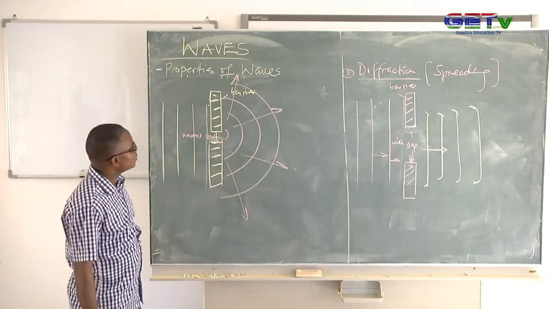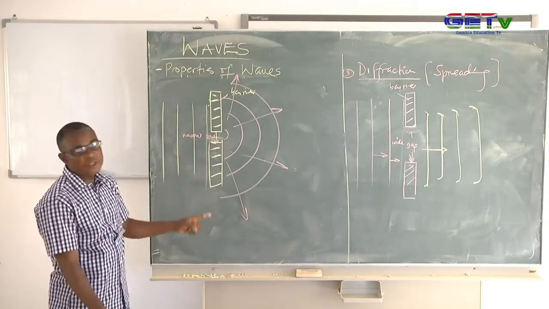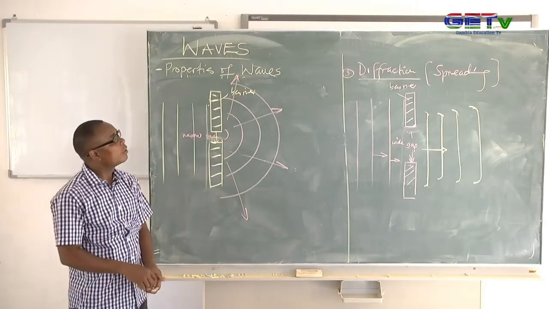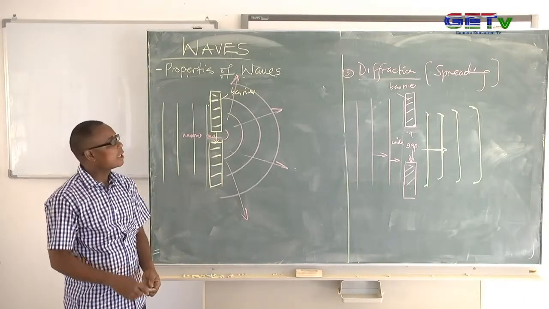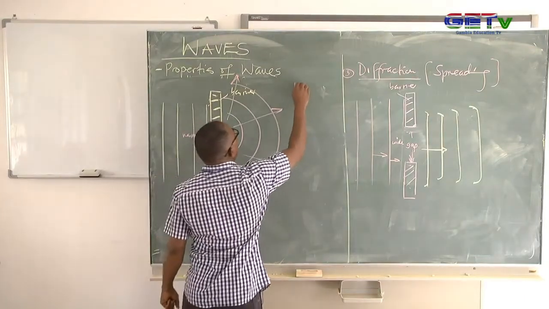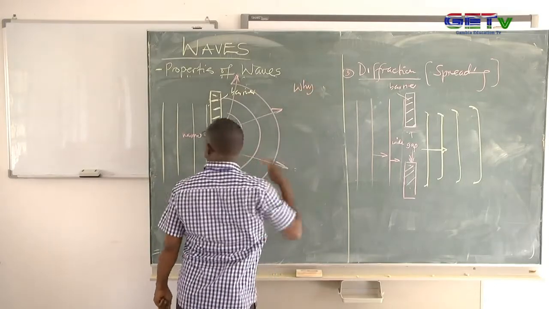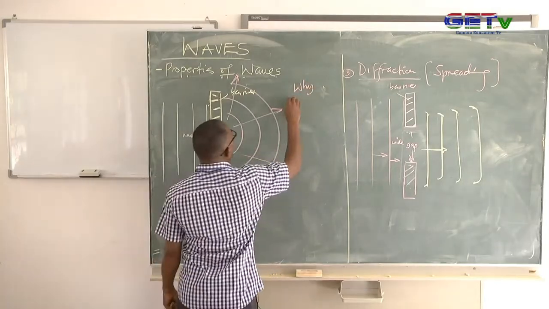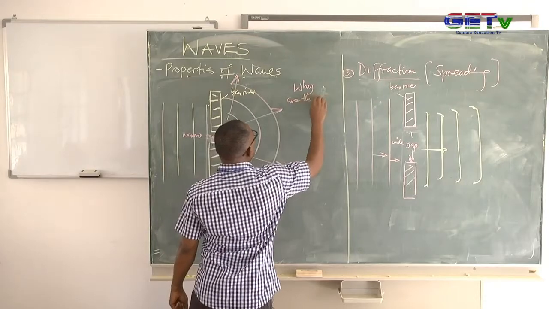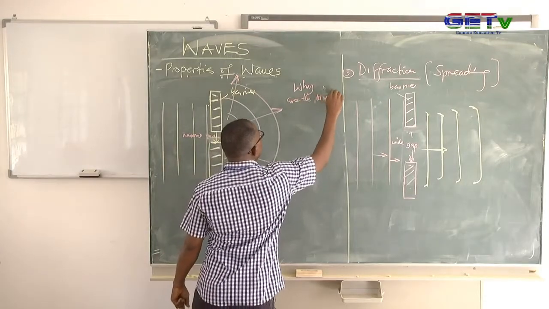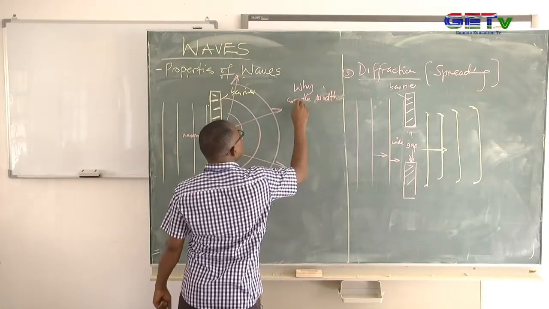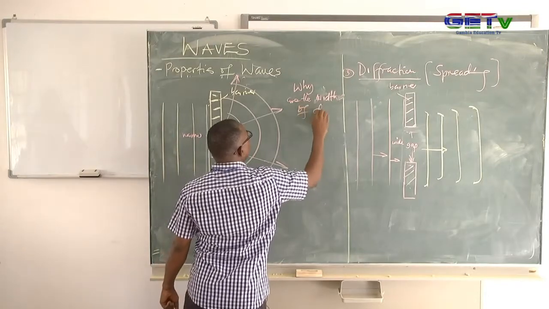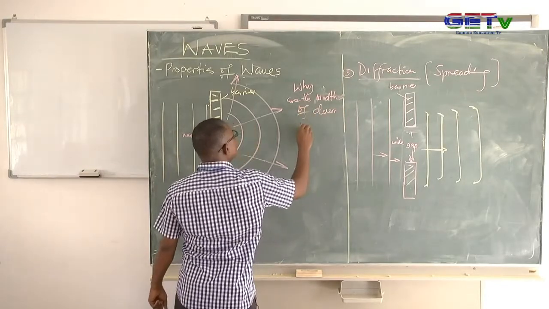So now, this is the reason behind the width of doors that are made 1 meter. Why? I want to ask that question first of all. Why are the widths of doors 1 meter? Standard doors, I mean, width 1 meter.